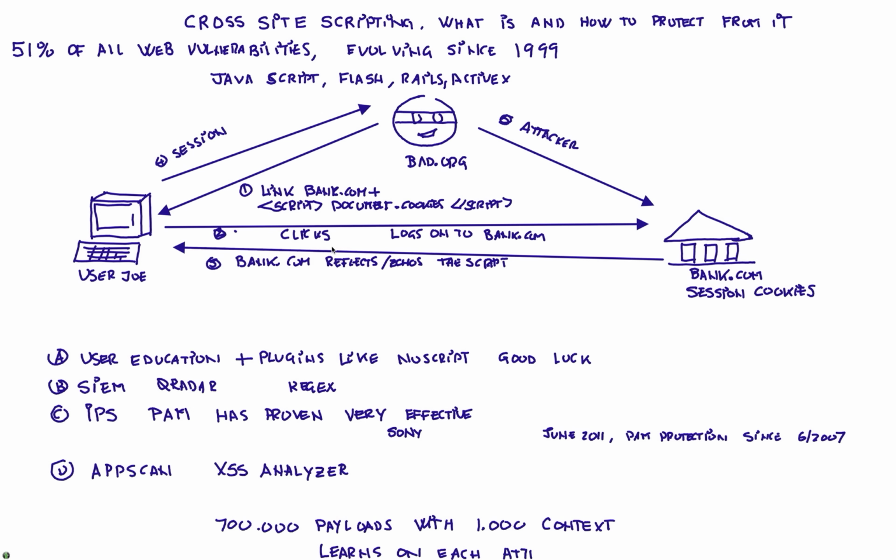So it is a very effective way of eliminating the possibility for an organization like bank.com to be reflecting this data, making their users susceptible to cross-site scripting attacks. With technologies like the IPS and AppScan, there shouldn't be any more cases of cross-site scripting.